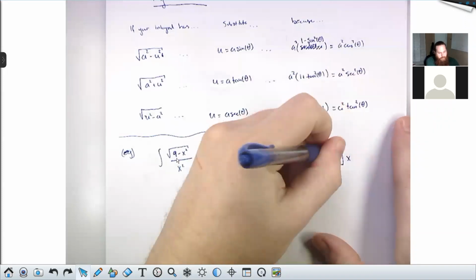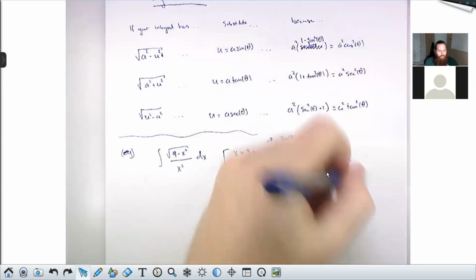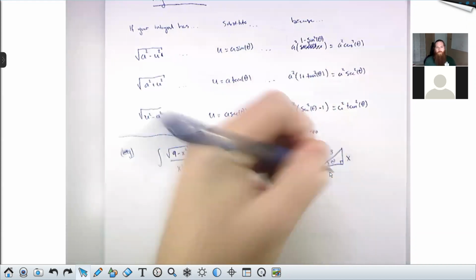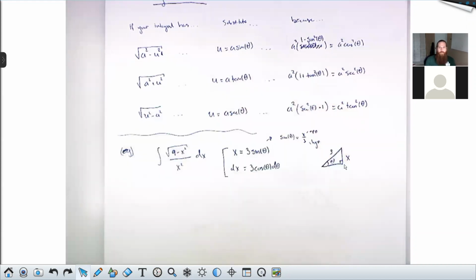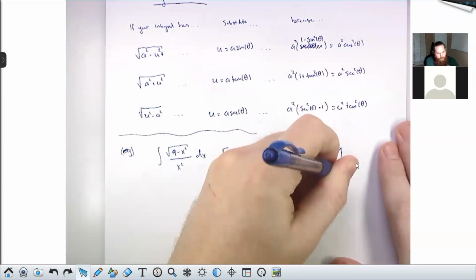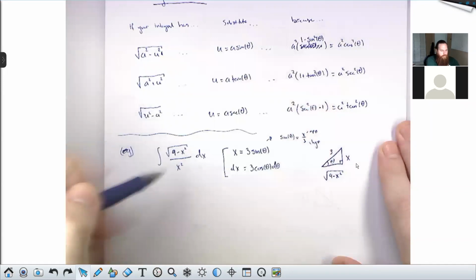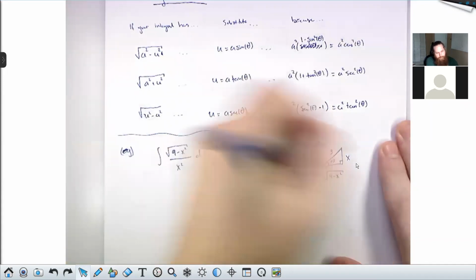The hypotenuse is 3. And then if I go to complete this triangle, of course this is a right triangle, I know that this squared plus this squared has to be this squared. So this guy has to be the square root of this squared minus this squared. So the missing side of my triangle here is the square root of 9 minus x squared. And that missing side will almost always be the expression that you're substituting into here.